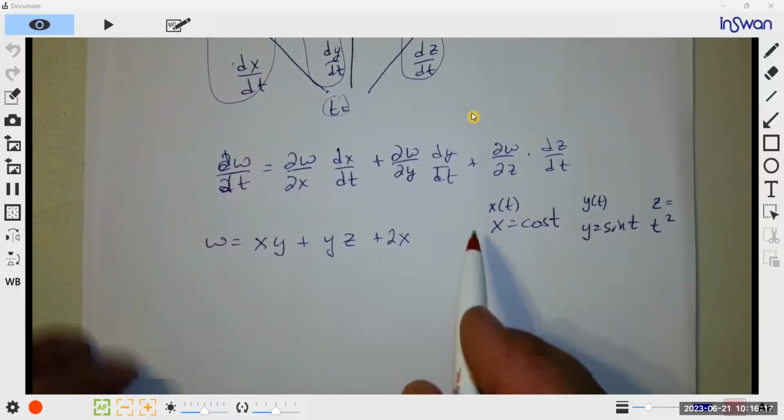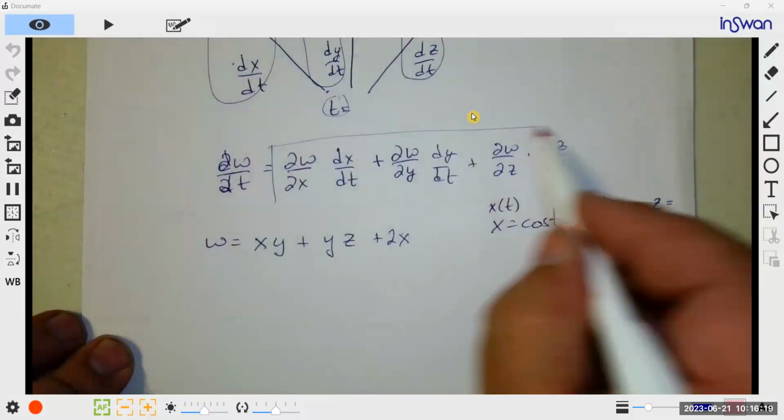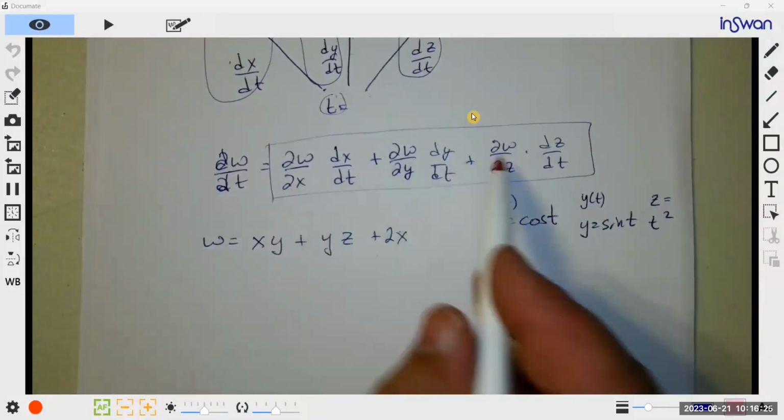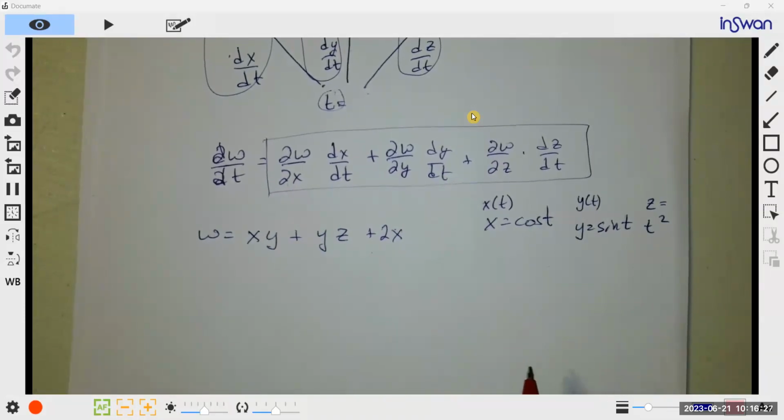I'll do this two ways. I'll first use this shortcut method where I just plug in the values. And then I'll plug in the values first, cosine, sine, t squared, and then we'll work out the derivative that way. And you'll see that we get the same answer both ways.